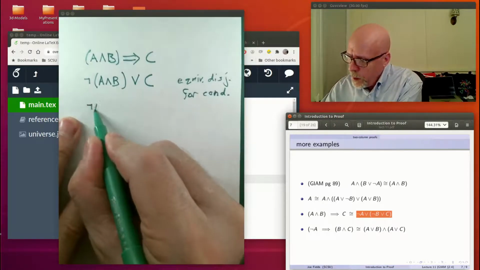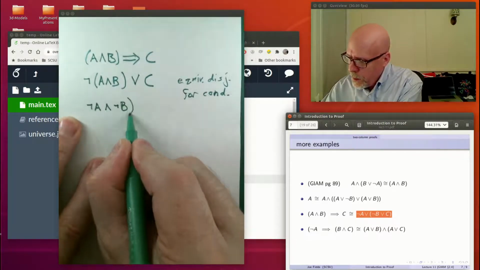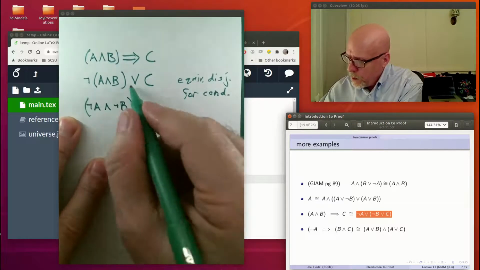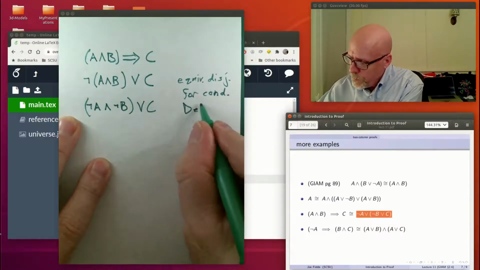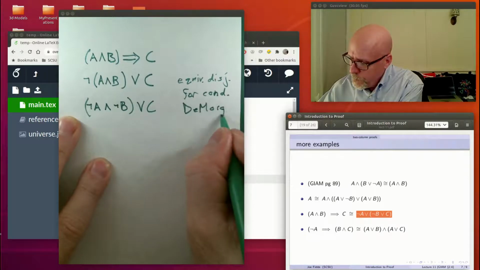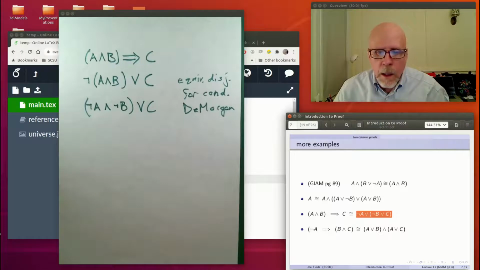We'll get not A and not B, and then just copy down the rest of the thing, ORed with C, and just use De Morgan. And then where did I want to be again? I wanted to have not A and I messed up. Wow.